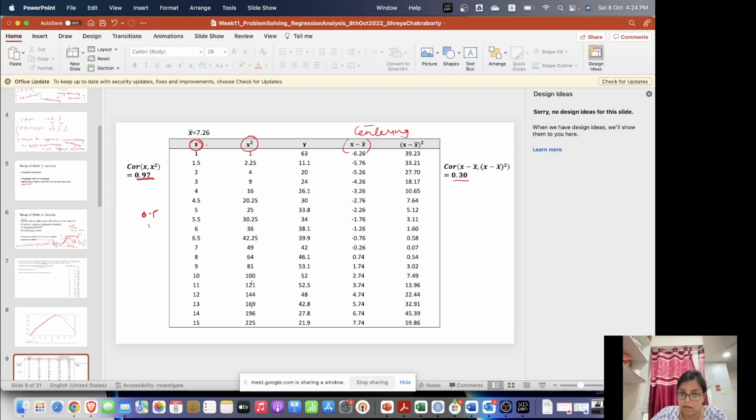The correlation coefficient says that there exists a highly linear relationship between x and x square. But once we center the data, that linear relationship is to some extent broken down. So this is one such example where we can see that centering is really helping.